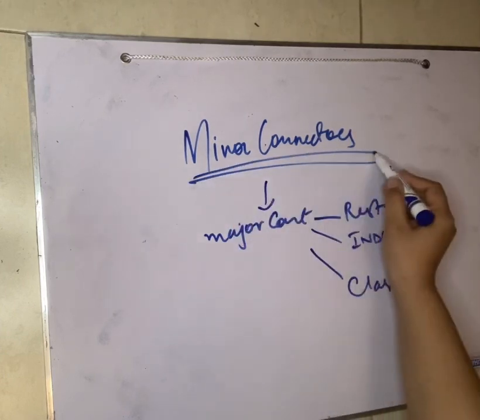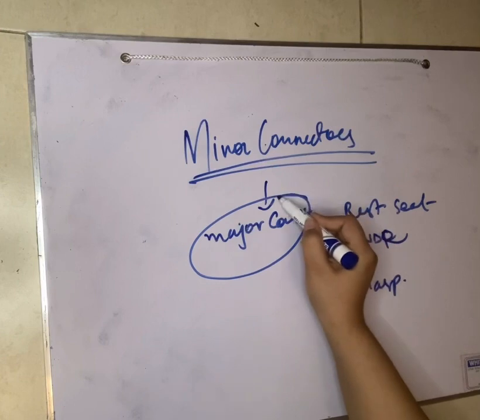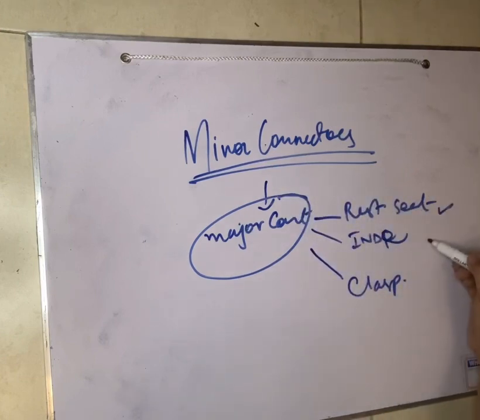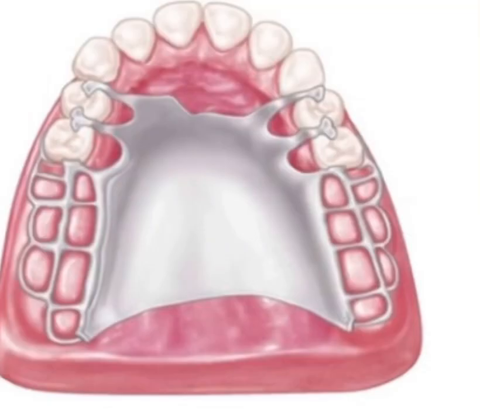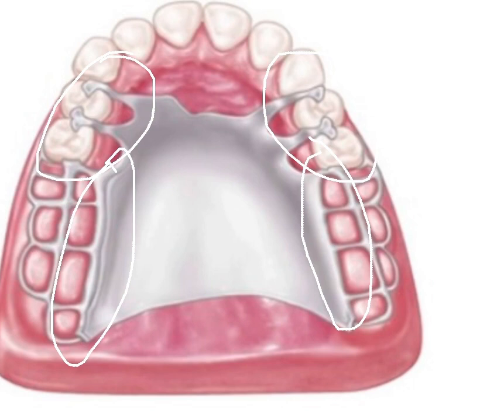So minor connectors are responsible for connection of the major connector to the rest seat, indirect retainer, and the clasp, right? In this figure we can see how the minor connector connects the major connector to the rest seat and indirect retainers and the clasp assembly.